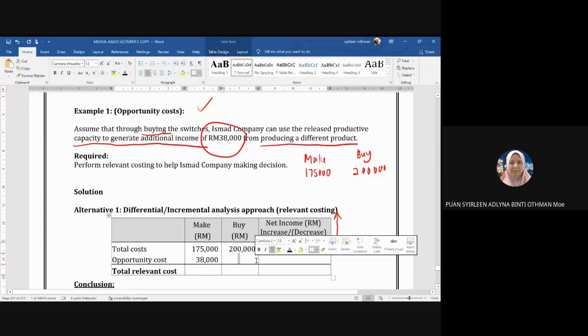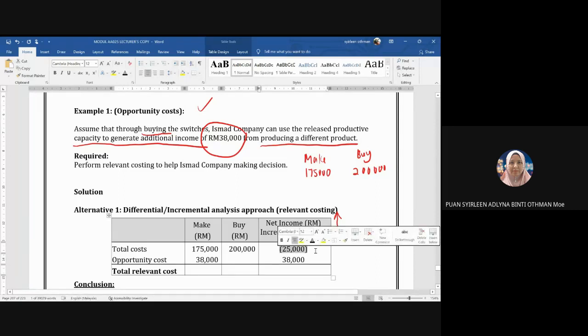Okay, alright. So 38,000 ni kalau tolak, dia akan jadi 38,000. You see here, tadi kalau you decided to make, it's 175,000. Kalau you decided to buy, it's 200,000. That means make lagi murah daripada buy, sebab beza dia 25,000. Tetapi, kalau saya buy, mesin tadi tu saya boleh guna untuk buat item baru.